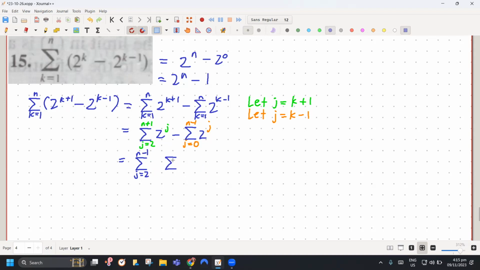Iwan mo yan. 2 to the j up to n minus 1. Huwag ka muna maglagay ng summation sign. Lagay mo muna yan. 2 to the j and then open and close parentheses. 2 to the n plus 2 to the n minus 1 minus, ngayon gumamit ka ng malaking bracket dyan sa next term niyan.